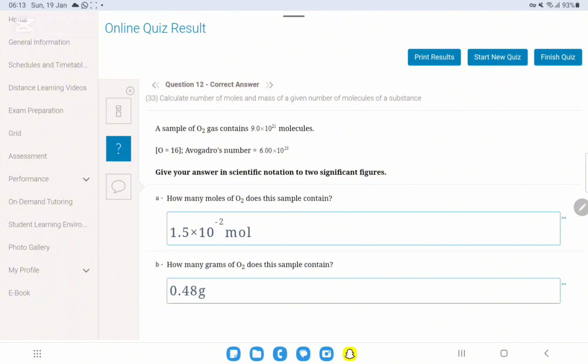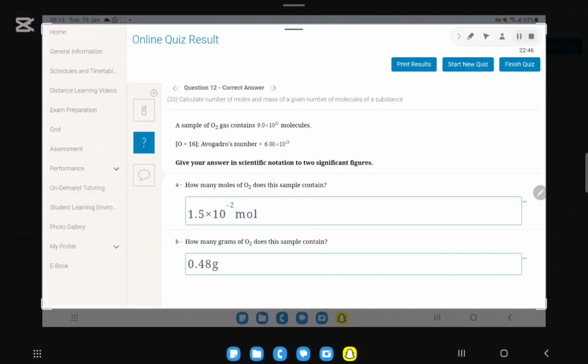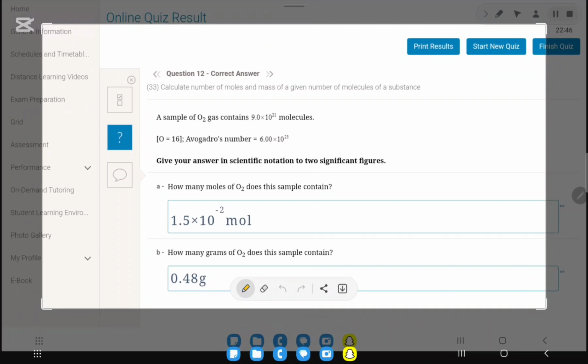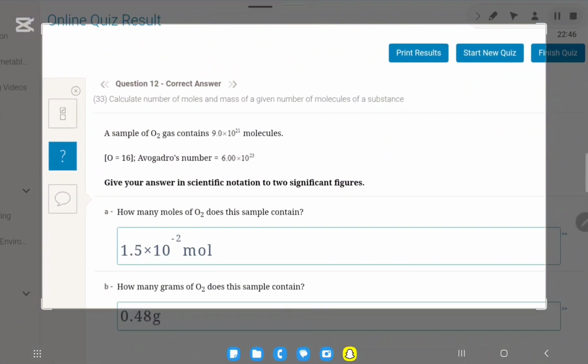A sample of O2 gas contains 9.0 times 10 to the power of 21 molecules. How many moles of O2 does this sample contain? So we have the equation.